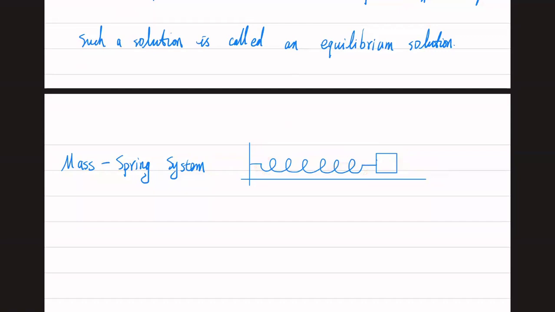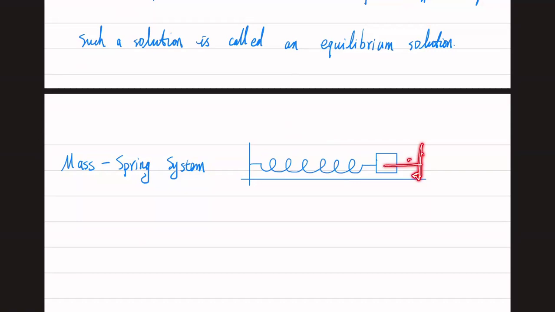Now, let's see, very simple physics. If we pull this box over here, then we release it, what happens? It bounces back and forth.